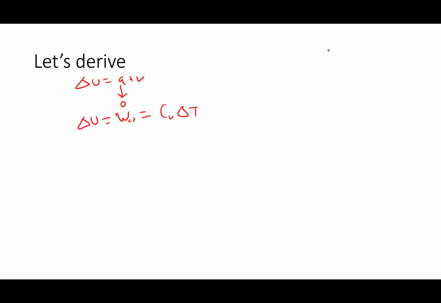Now we also know, of course, that one of the definitions of work is negative P dV. It's the change in volume at a constant pressure, either external pressure or the internal constant pressure. And if we take PV equals nRT and insert it into our value for pressure, we get CV delta T on the left-hand side.